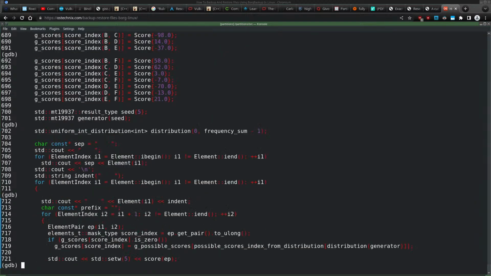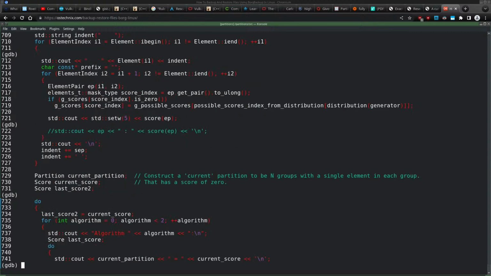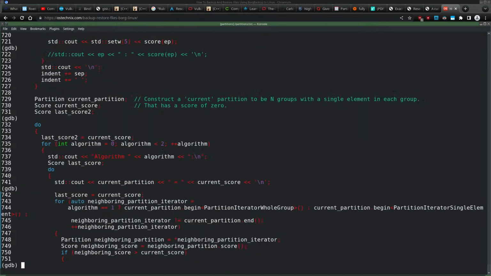Well, this is not interesting. Just generating stuff. So the first algorithm is, and now I get here, now I create something.